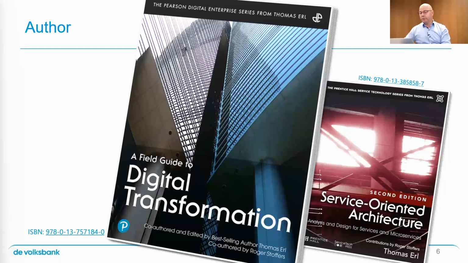The main concerns of why do we need digital transformation and what is it about, that will be addressed without addressing technology concerns. And then we slap the technology part on that. Yeah. I remember the books from Thomas Erl from when I was in service-oriented architecture. You could fill your wall with the books, and it was a nice thing to see again that it was part of his book series.